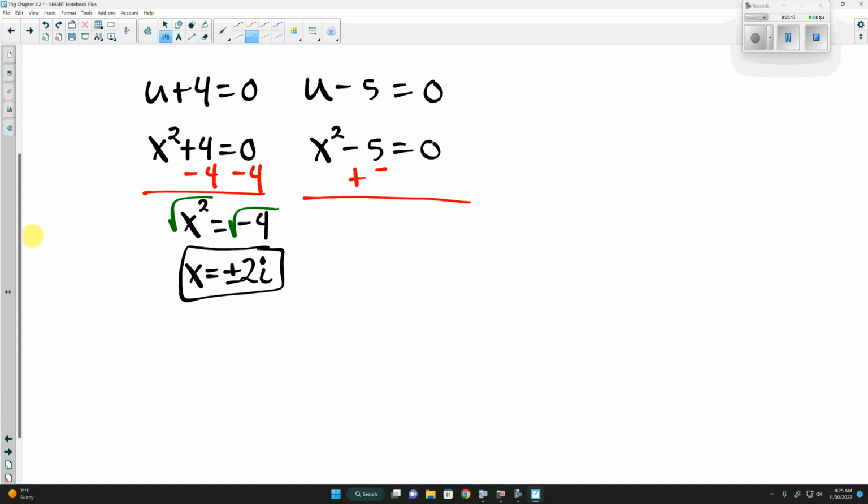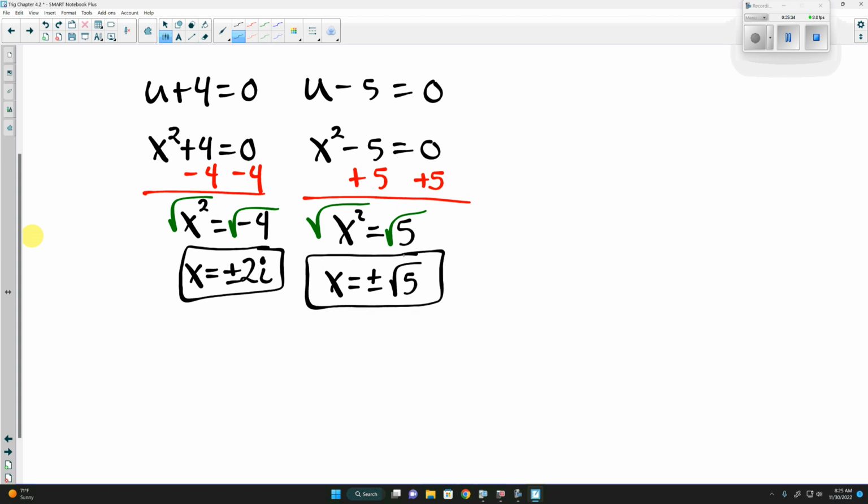So for the other side here, we would add 5 to both sides, telling us x squared is positive 5. And again, at this point, we would square root both sides, telling us x is equal to plus or minus the square root of 5. So here are our 4 solutions.